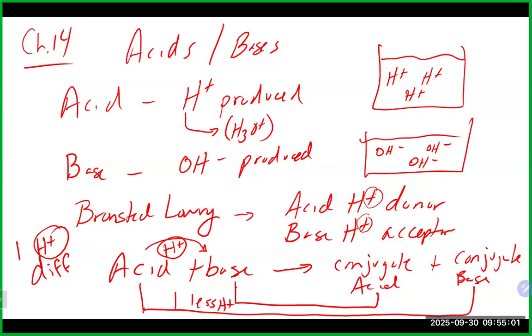And as we go from the base to conjugate acid, it'll have one more H plus as it accepts the H plus. Again, if there's any more difference than just one H plus, they are not considered pairs. As we saw last time, things that have more than one H plus they could give off actually do come off one at a time. So again, a difference of two H pluses does not make them partners either. It has to be only one.